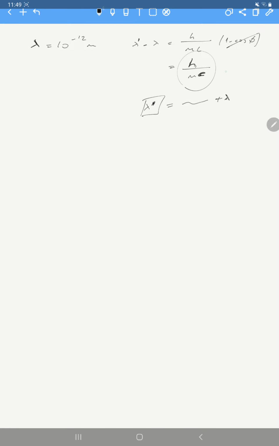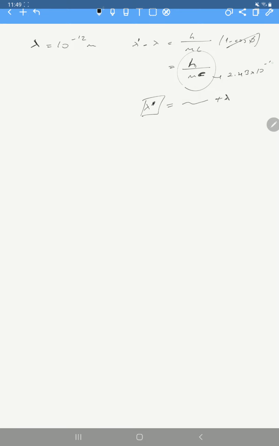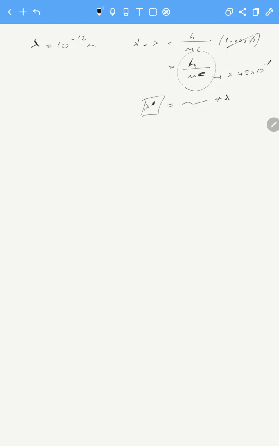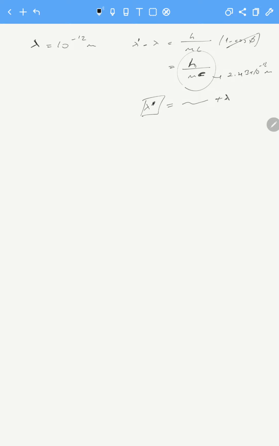So this in your answer sheet is given. This is picometers, yeah, picometers. That's 10 to the minus 12 meters.